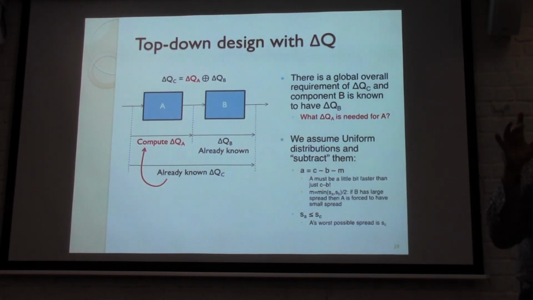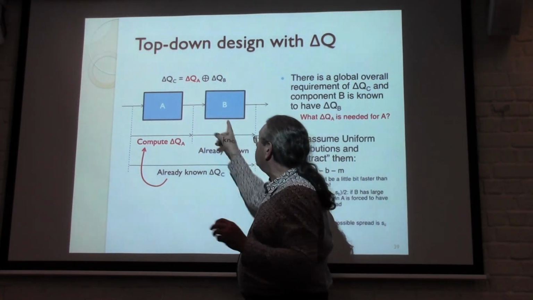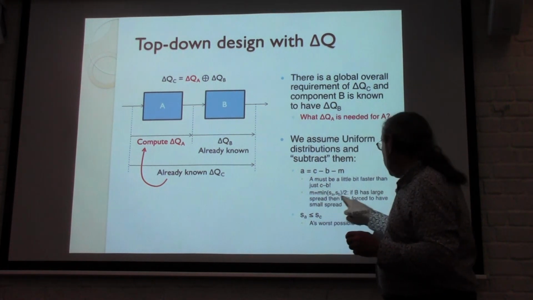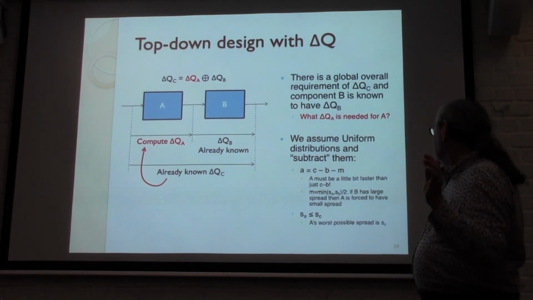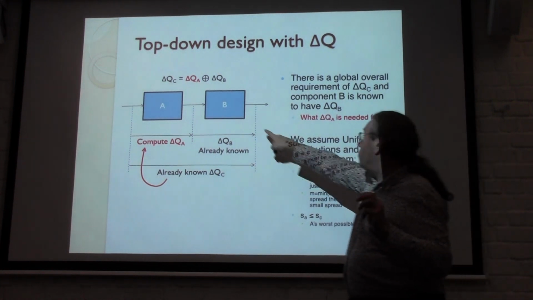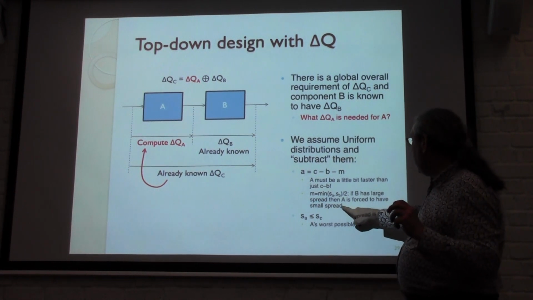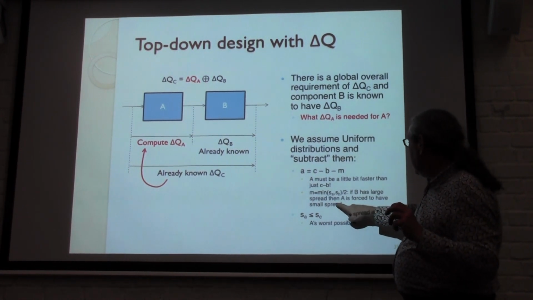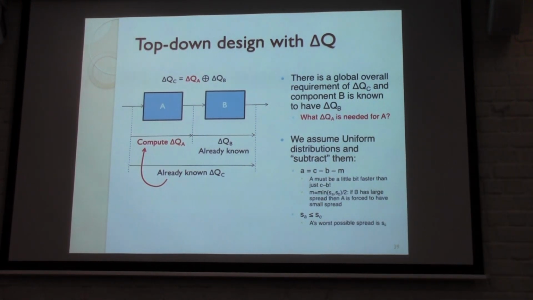Now you can actually figure out that A has to be a little bit better than 20, and it depends on what the spreads are. You can figure it out. Maybe A has to be 15 or something. So if B has a very large spread, then A is forced to have a small delay. Okay, a small delay, minimum delay.